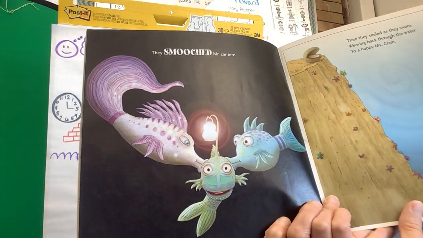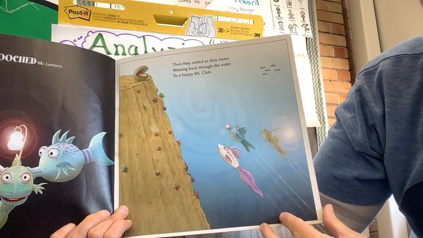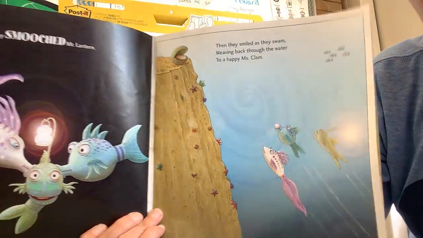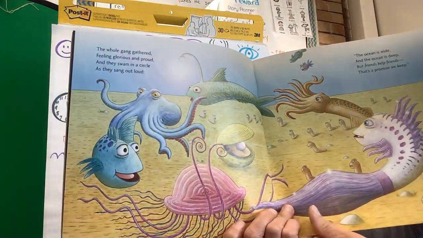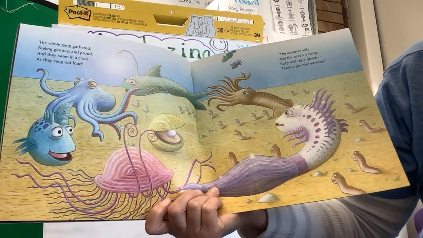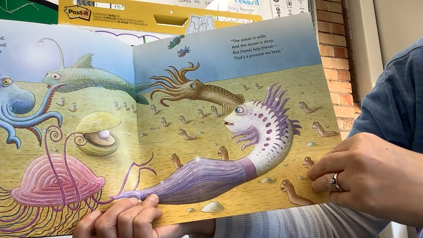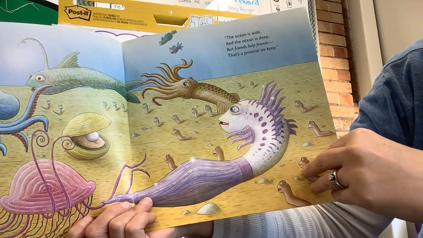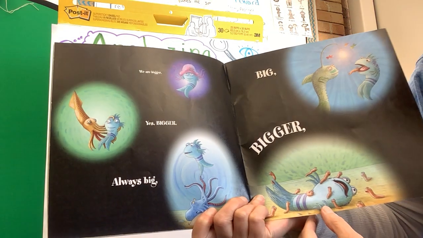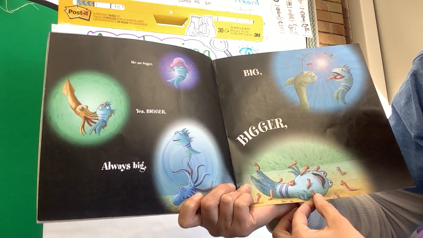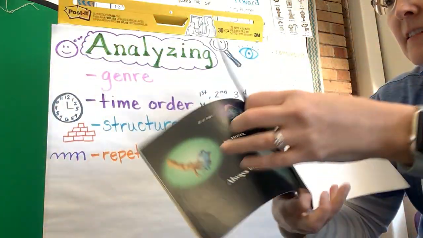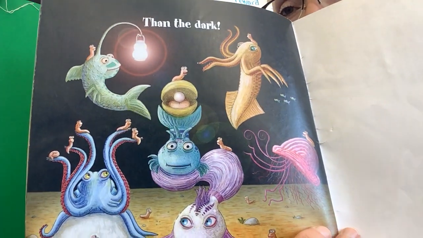They smooched Mr. Lantern, and then they smiled as they swam, weaving back through the water to a happy Mrs. Clam. The whole gang gathered, feeling glorious and proud, as they swam in a circle and they sang out loud. "The ocean is wide and the ocean is deep, but friends help friends, that's a promise we keep. We are bigger, yes, bigger, always big, bigger than the dark."